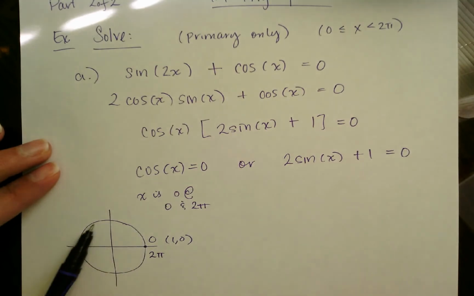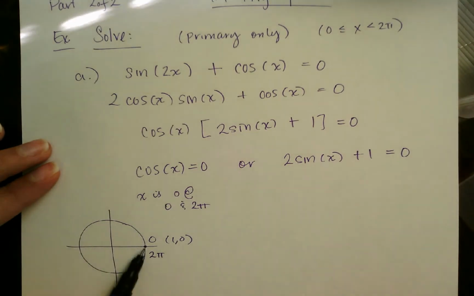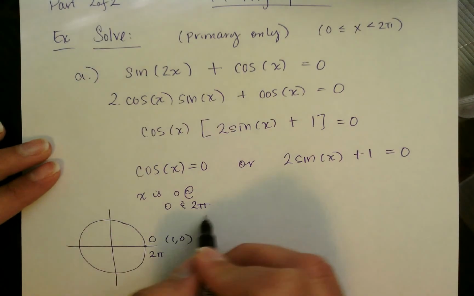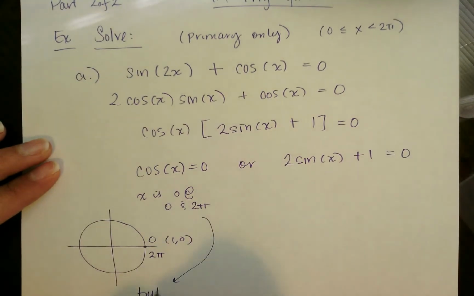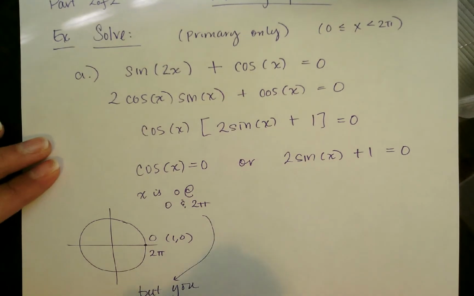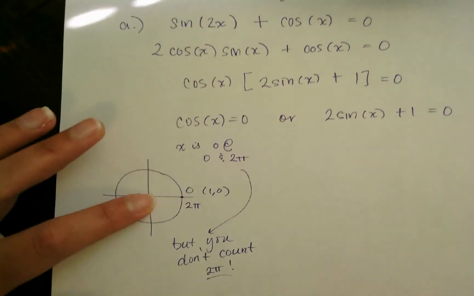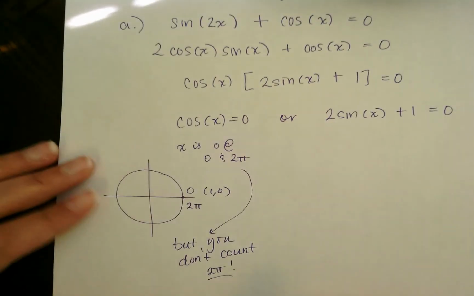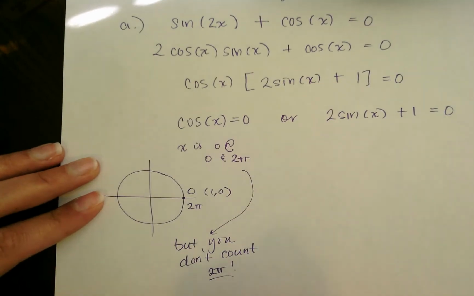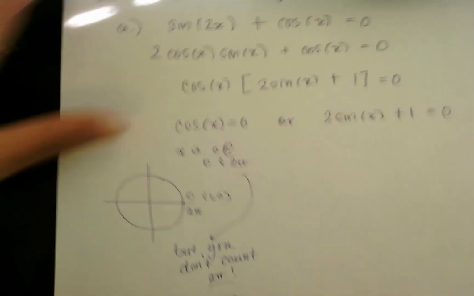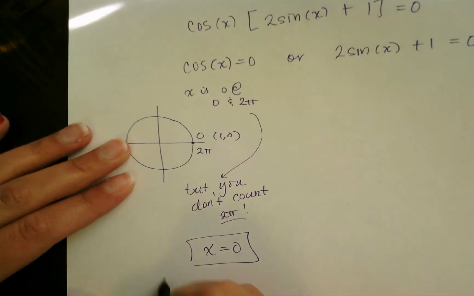So you wouldn't hit that spot again, and you don't count it again in your solutions. Don't count 2 pi. You already got that solution at 0. So for that equation, x equals 0. That's the only solution in one rotation.